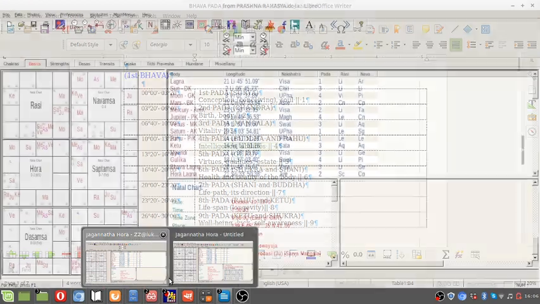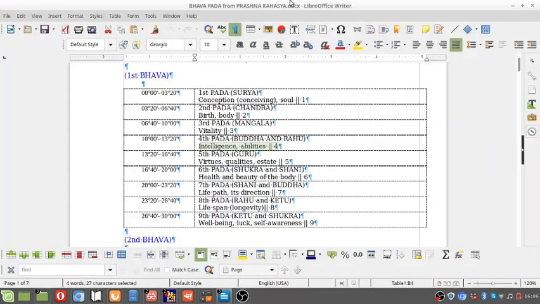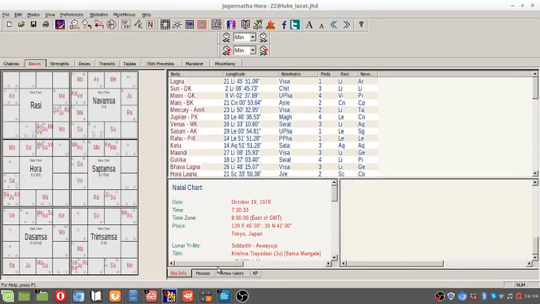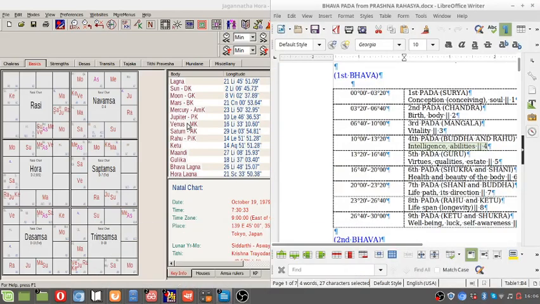And Venus, we can see, is at 16 degrees and 33 seconds. So this falls still here, in the 5th pada of the first bhava.